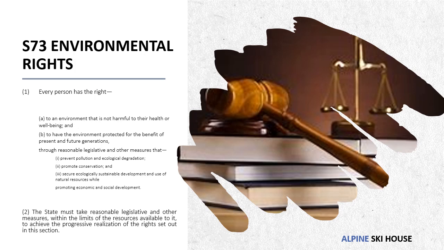Section 73 of our Constitution says that every person has the right to an environment that is not harmful to their health or well-being, and to have the environment protected for the benefit of present and future generations through reasonable legislative and other measures that prevent pollution and ecological degradation, promote conservation, and secure ecologically sustainable development and use of natural resources while promoting economic and social development.